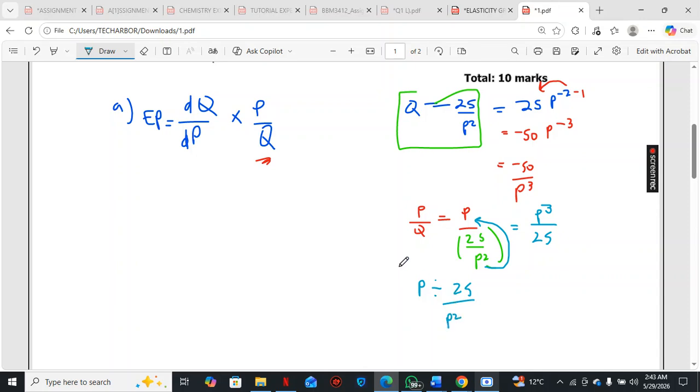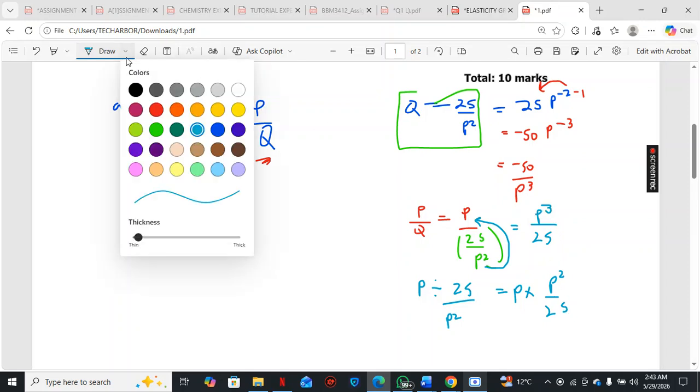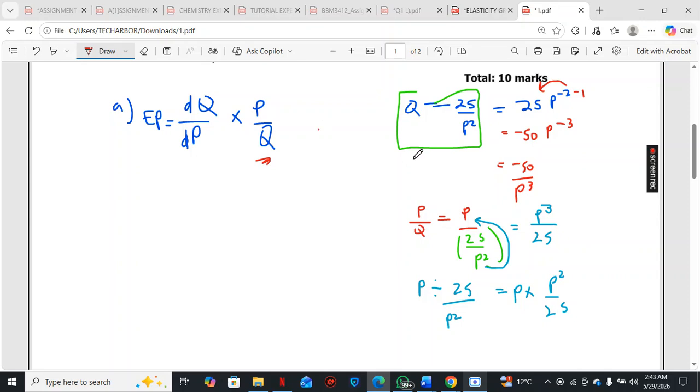So when we're dividing fractions, the division sign changes to multiplication, and then it becomes P multiplied by P squared over 25. That's how we got there. P times P squared, P cubed over 25.